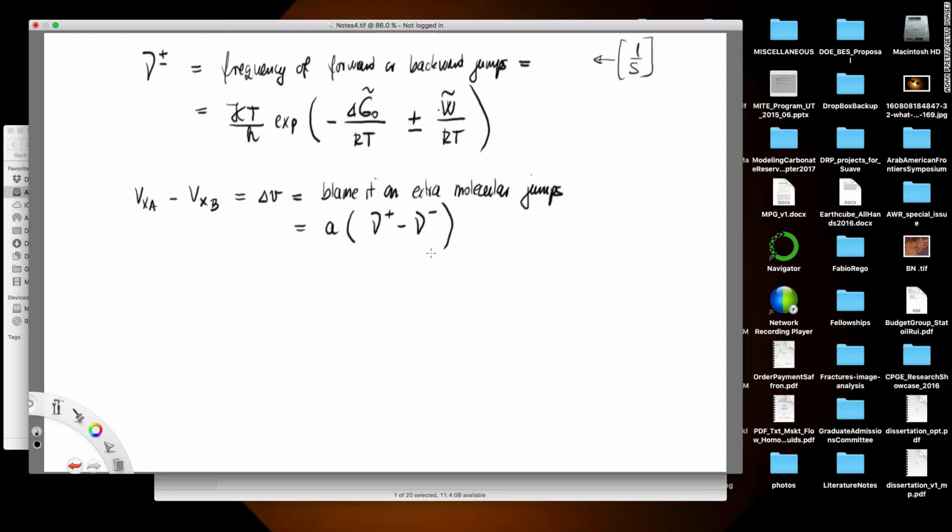And again, some molecules will be stupid enough to go upstream. More of them will go downstream, right? And it's the net difference that is actually responsible for the velocity difference. Why are they going up? Where do they get the energy to go against the stream?